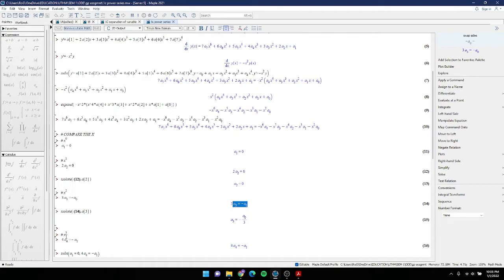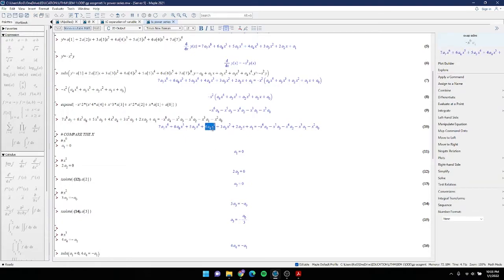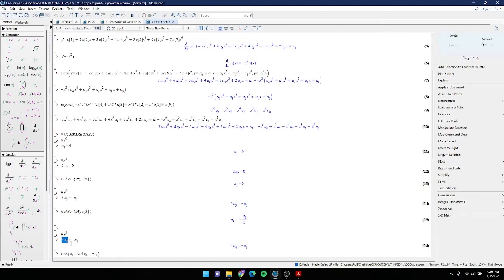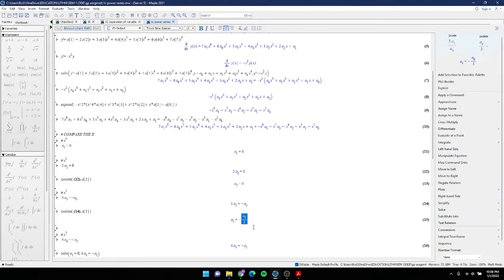And then we compare for x to the power of 3. From the left hand side we got 4a4 x to the power of 3, and for the right hand side we get negative a1 x to the power of 3. So we get 4a4 equals negative a1. The value of a1 is 0.